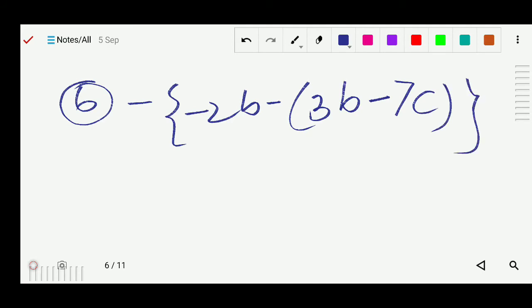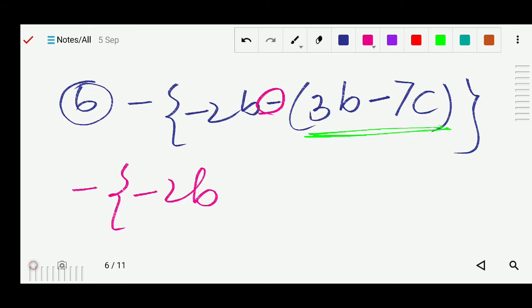So first of all, this is the innermost bracket, so first we will remove this bracket. The rest we write the same, minus 2b. Now you can see here is the minus sign, so inside that bracket all the signs will change. Here is the plus sign, so it will be minus, so minus 3b, and it will be plus 7c.